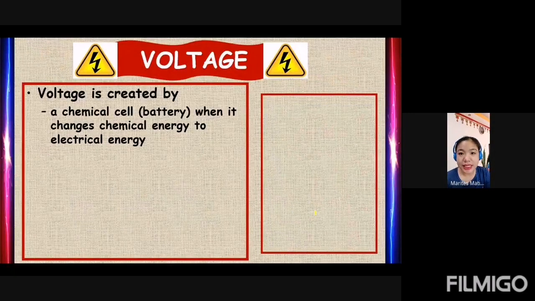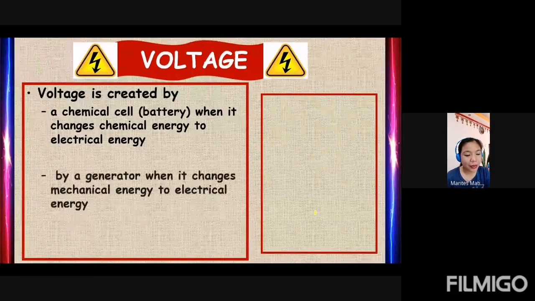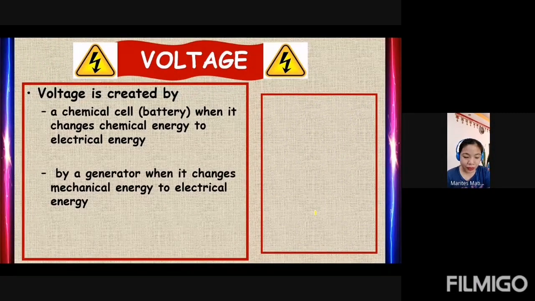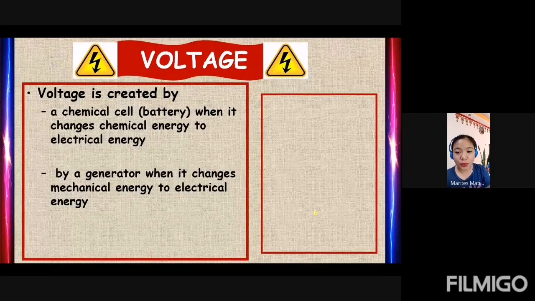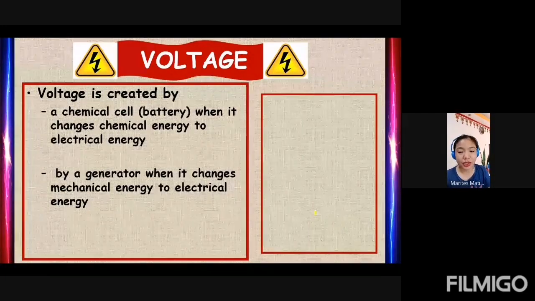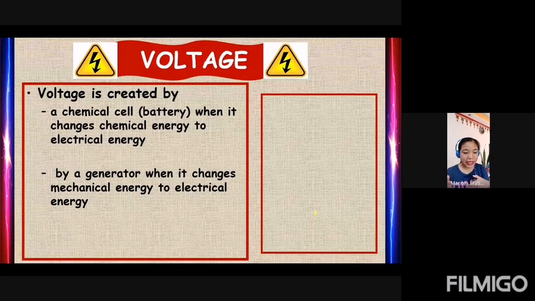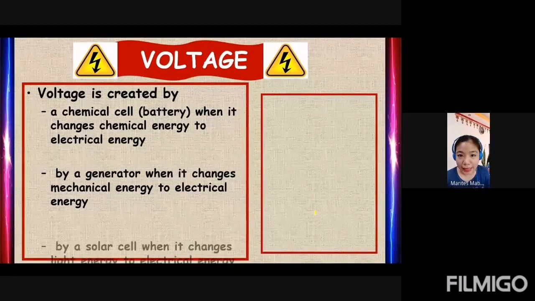So, voltage is created by a chemical cell, a battery, when it changes chemical energy to electrical energy. Okay, so battery ang tawag natin doon. Or, it is created by a generator when it changes mechanical energy to electrical energy. Ayun, so that is the two ways how voltage is created.